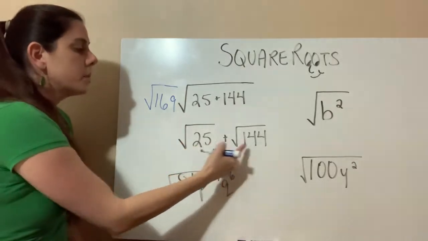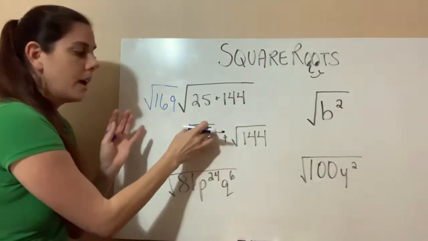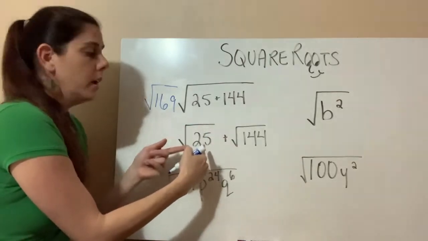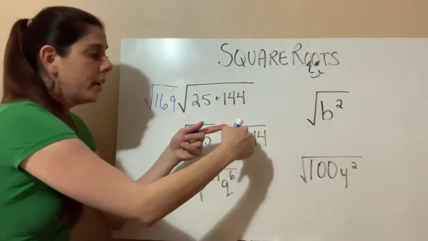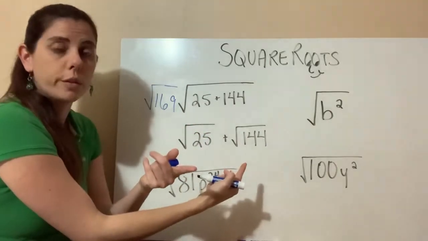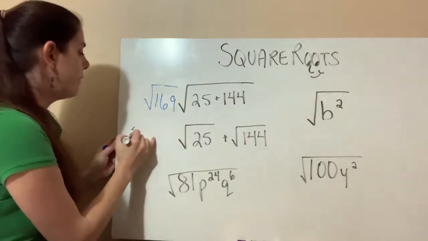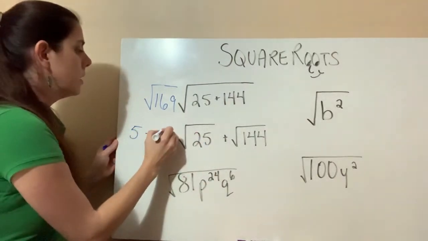Whereas this one has it separated, so you can't really simplify anything underneath. You need to just solve it. So take the square root of 25, take the square root of 144, and then add them together. In this case, we would have 5 plus 12.